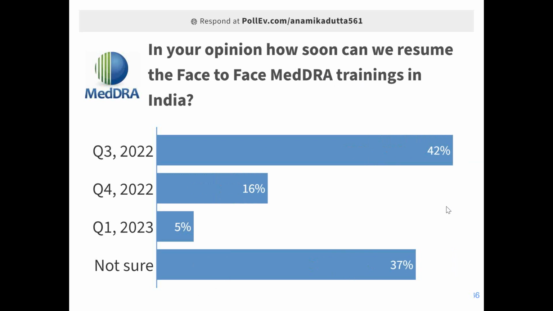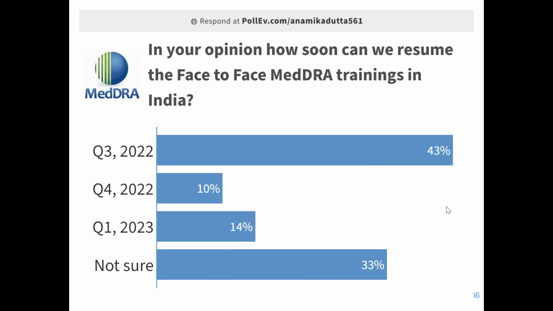So a majority of you are okay with the third quarter of 2022. After that, 33% of you are not sure. Then we have quarter four participants, some of you are happy with quarter four of 2022, and then quarter one, which is 10%. Okay, thank you for giving us those inputs.